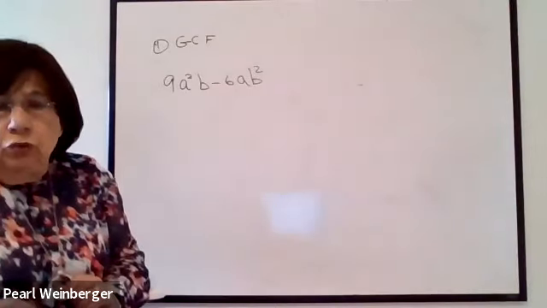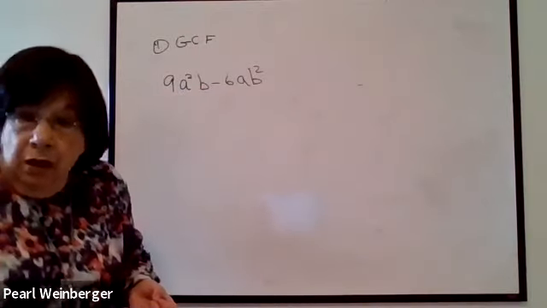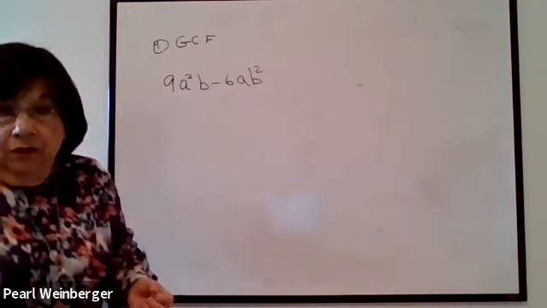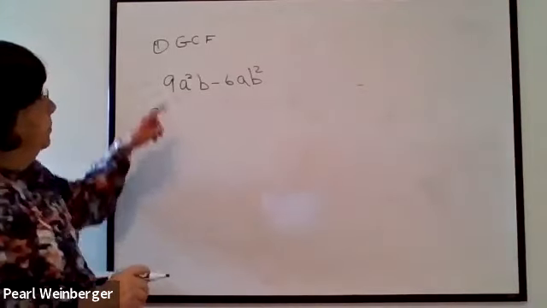We look first at the coefficients, the 9 and the 6, and we look for the largest number that goes into both 9 and 6. And I guess everybody realizes it's going to be a 3, and we put it down.